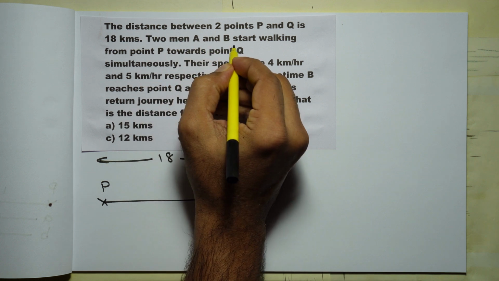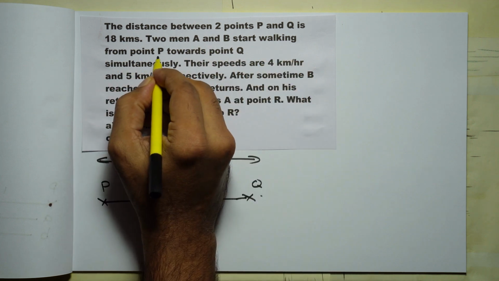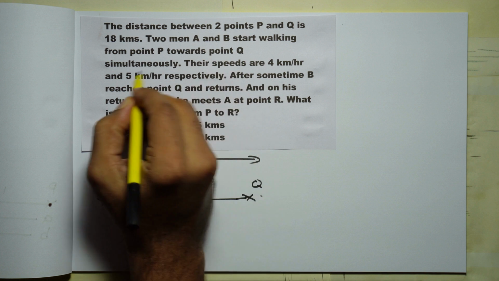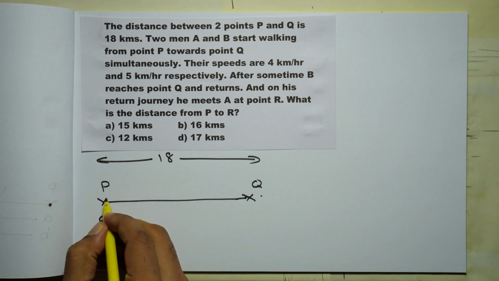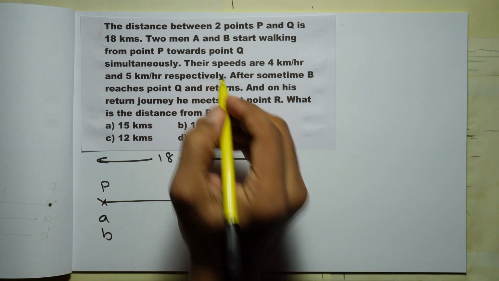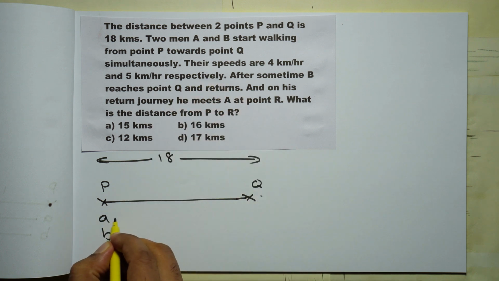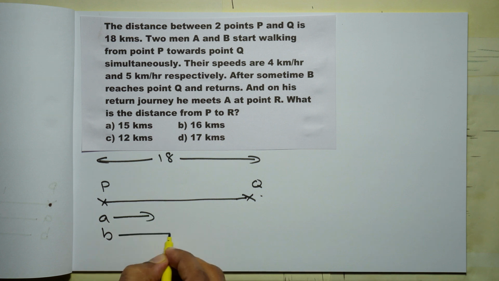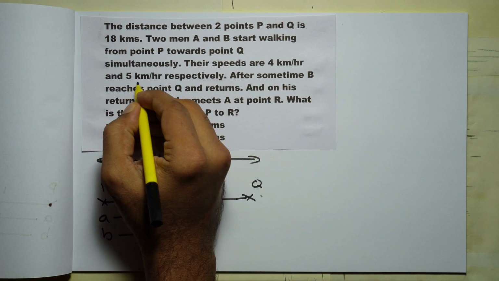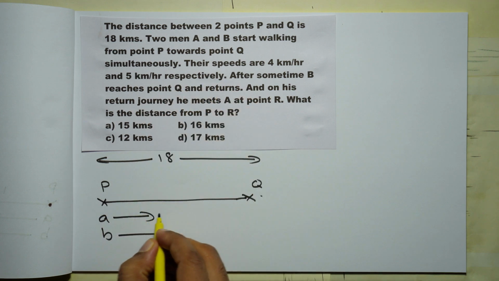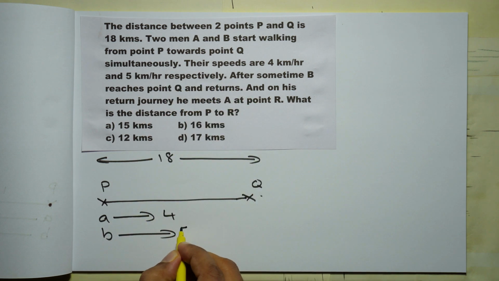Two men A and B start walking from point P towards point Q simultaneously. So both A and B are at point P and they both walk towards Q at the same time. So they are both moving in the same direction. Their speeds are 4 km per hour and 5 km per hour respectively. So A's speed is 4 and B's speed is 5 km per hour.